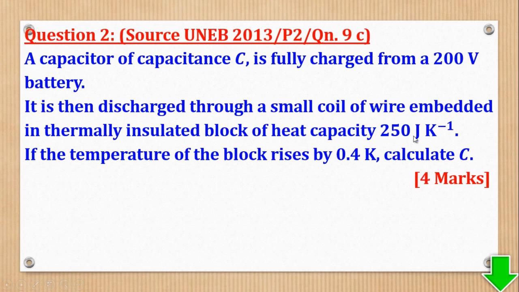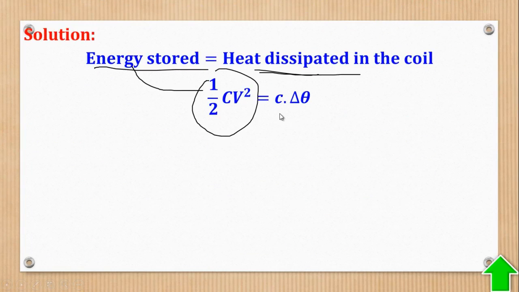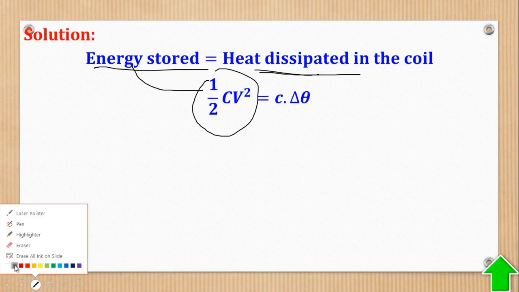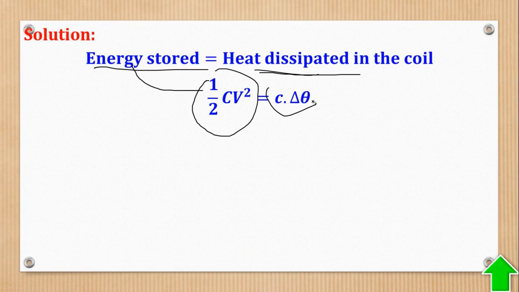If it was joules per kilogram per Kelvin, that would be specific heat capacity. But now because it is heat capacity, we are using heat capacity times change in temperature.